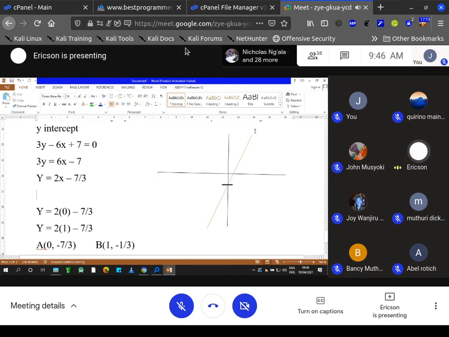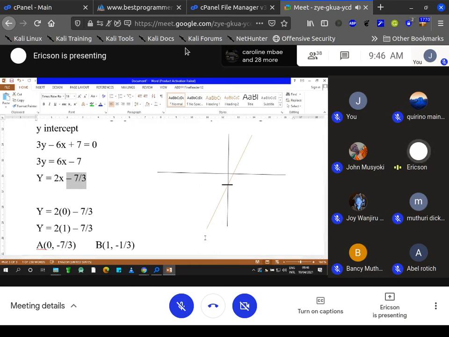When you draw this graph, if you are accurate enough, you'll find that this line cuts the y-axis at this exact point. So the y-intercept is the point where your line cuts the y-axis.